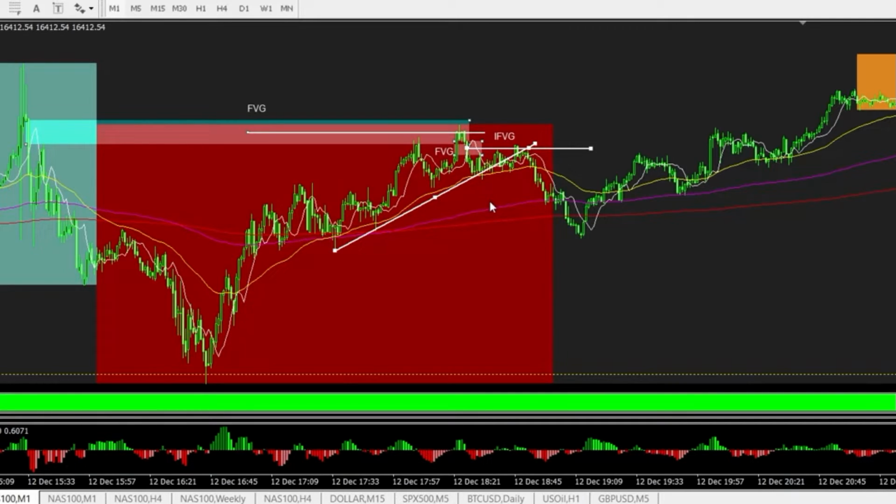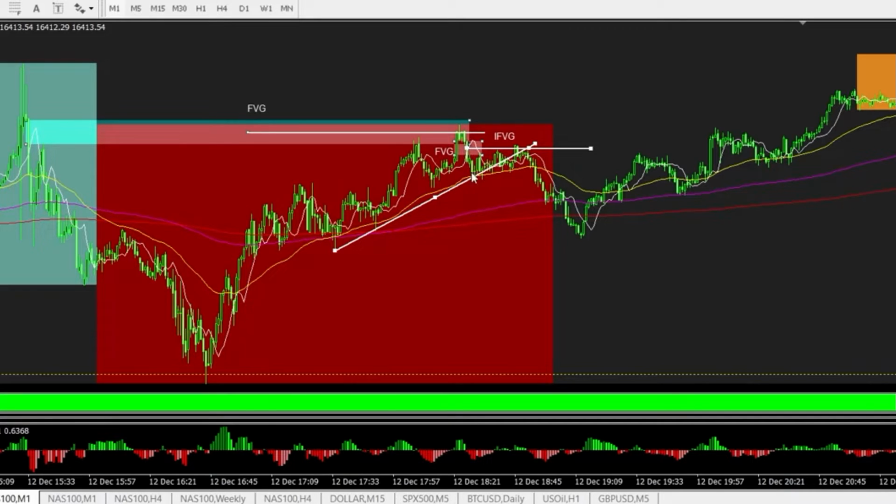Now, what you're looking for using this type of strategy off of a trend line is a fair value gap that turns into an inversion fair value gap. And that occurs here. When price moved upward into this fair value gap, it creates an upward fair value gap.